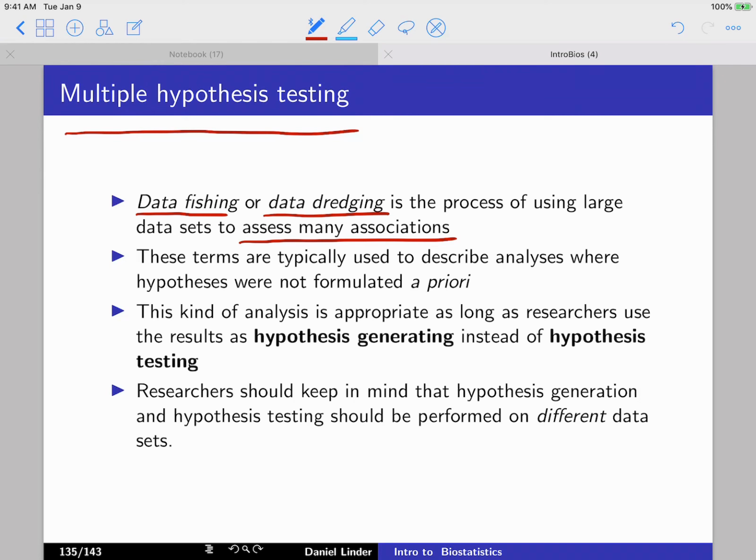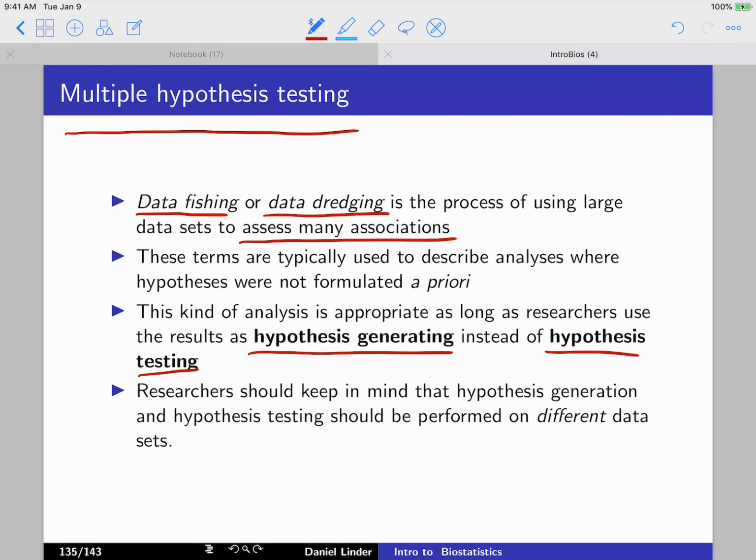Okay, this kind of analysis is appropriate as long as the researchers use the results really as hypothesis generating, instead of hypothesis testing. So if you're doing analysis this way and you don't start out with some set of hypotheses that you then go and look at the data to test, then you really shouldn't be using these kinds of analyses as hypothesis testing.